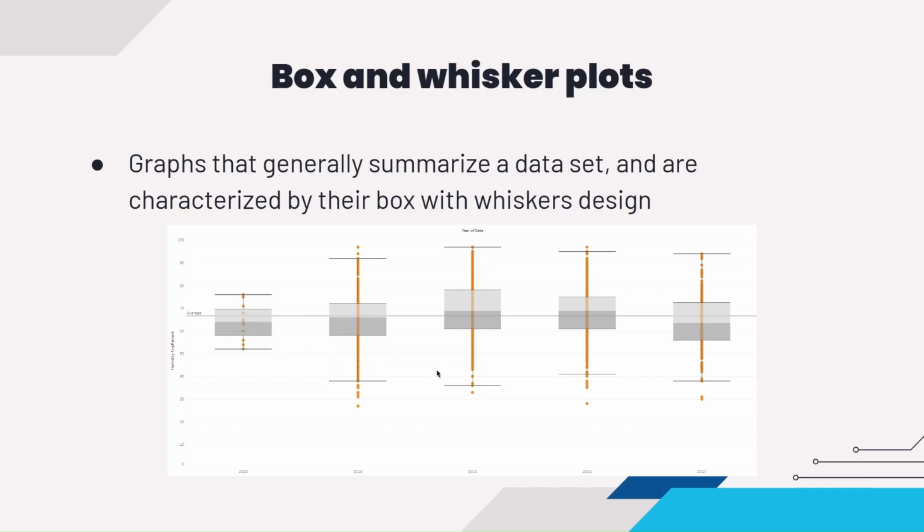Now, if we keep looking at different years, you can see that 2015 generally had a much larger range of data points than 2014, while also having fewer outliers. In 2015, you can see that the lowest average humidity was around 36, and the highest was around 96 or 97.